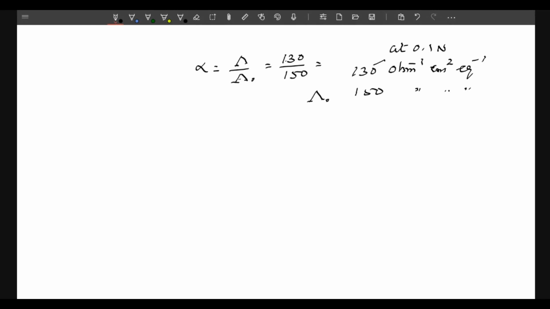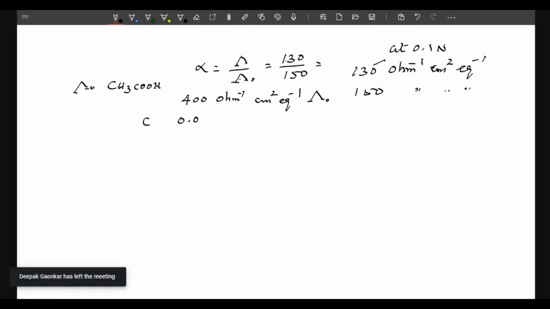Take down the question. The lambda naught of acetic acid, here we are going to give a weak electrolyte, at 300 degree Kelvin is 400 ohm inverse centimeter square per equivalent at a concentration of 0.001 normal.